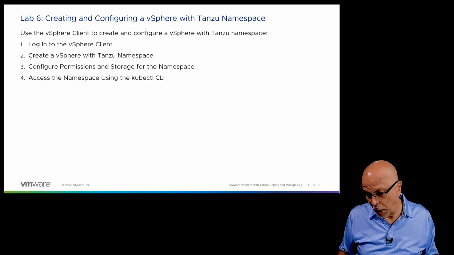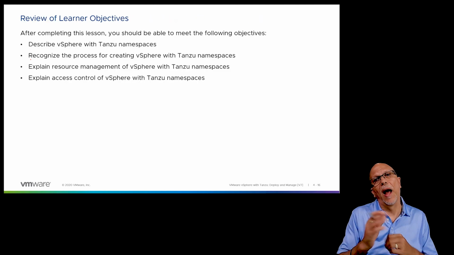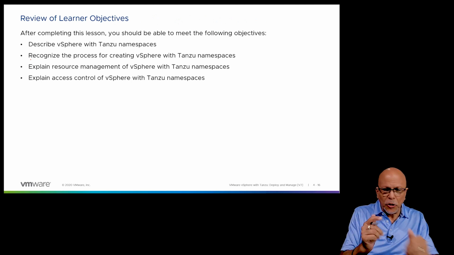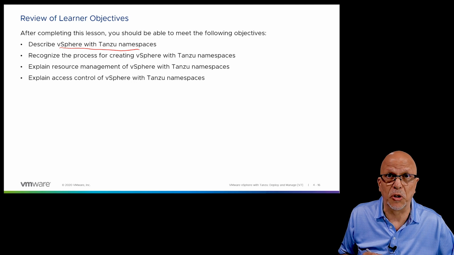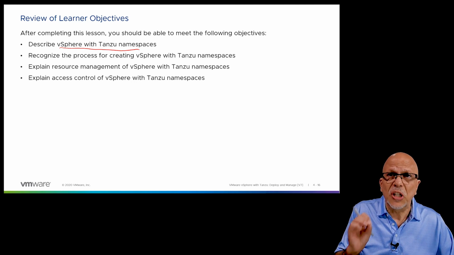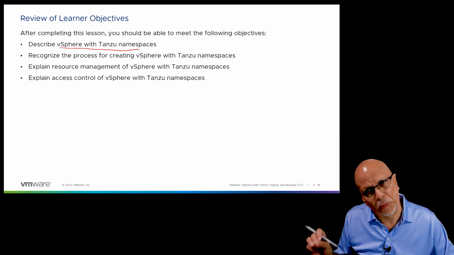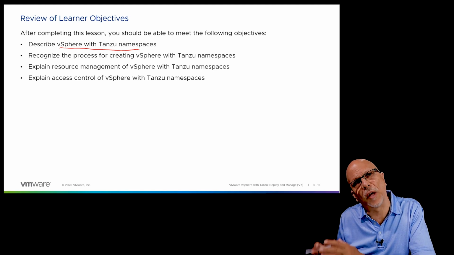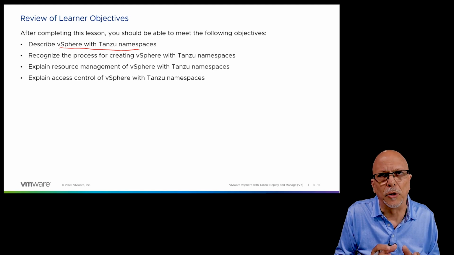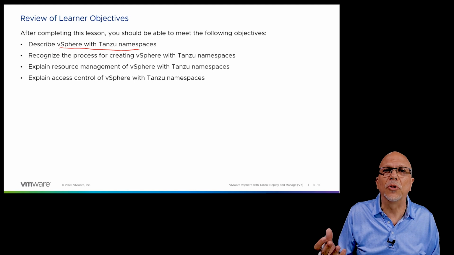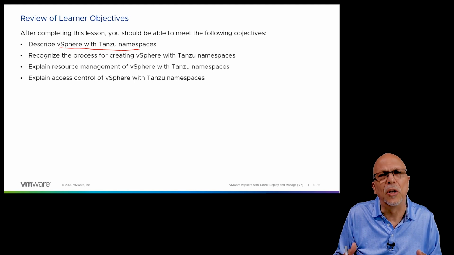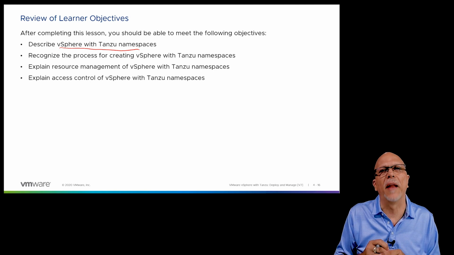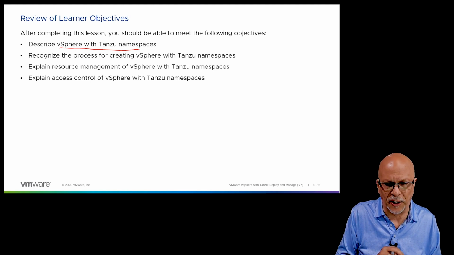Before we start our lab, I want to wrap this lesson up. First of all, we've talked about using vSphere with Tanzu namespaces. This is a Kubernetes namespace, but we're saying create it via the vSphere client, and we give you the graphical user interface to do all the editing of your settings, which is much easier than dealing with Kubernetes manifest files.